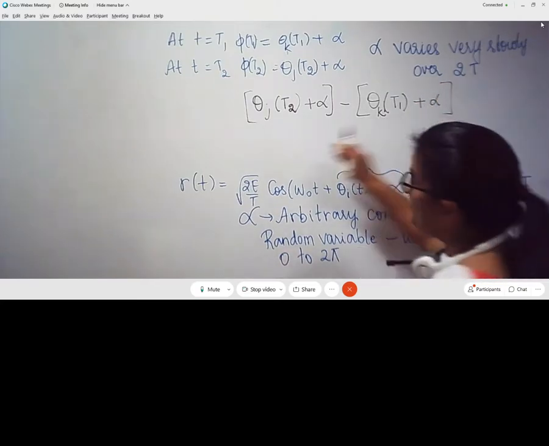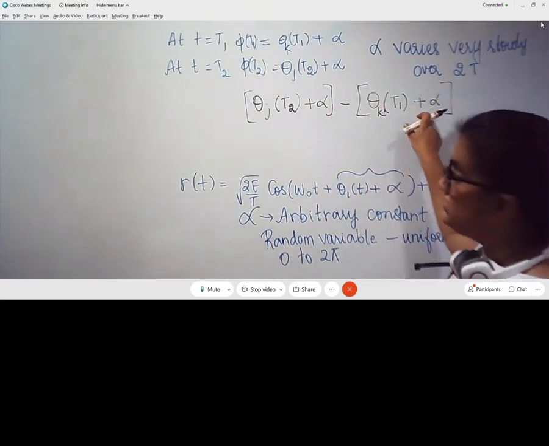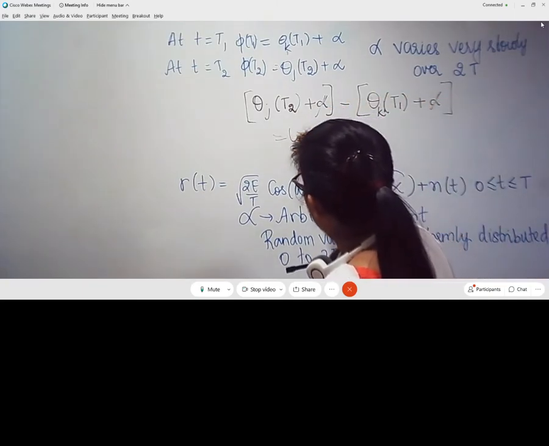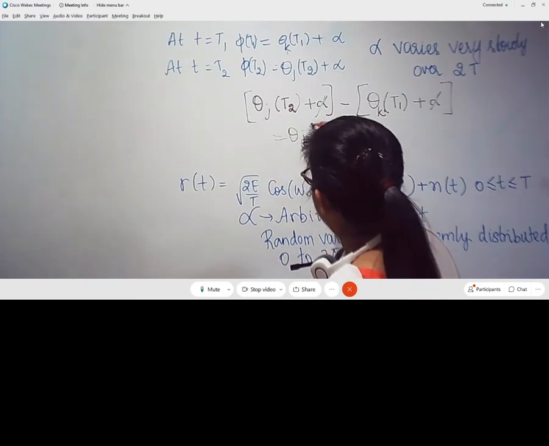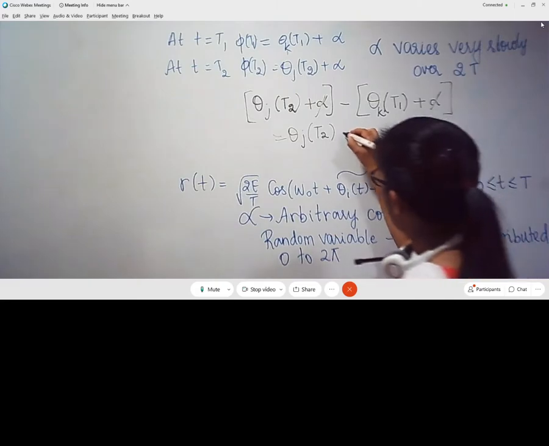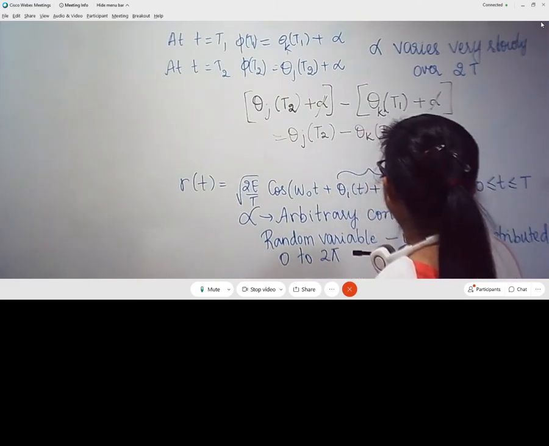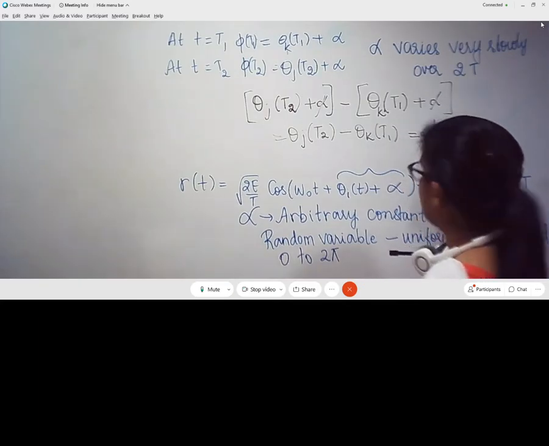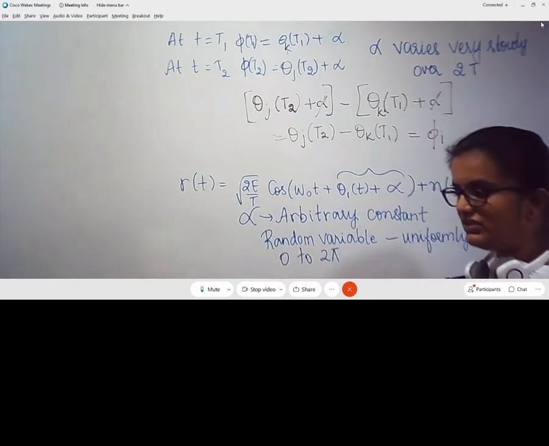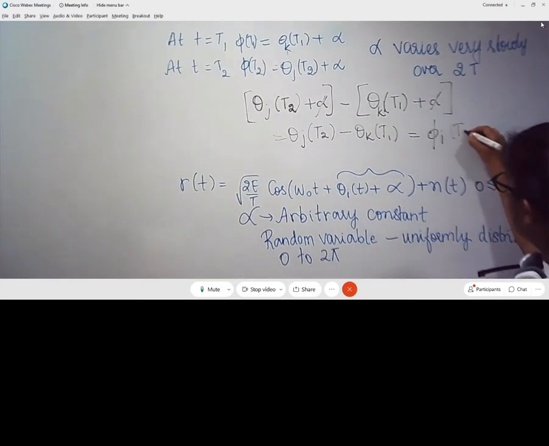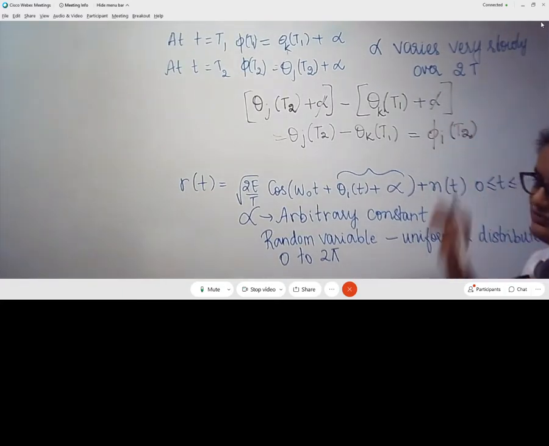While doing so, you can see here the alpha values will cancel out, thereby the phase difference, that is theta j obtained at t2 minus theta k obtained at time t1, will be equal to the phase phi i, which would be mapped to one of the phases of the symbols which I have transmitted.